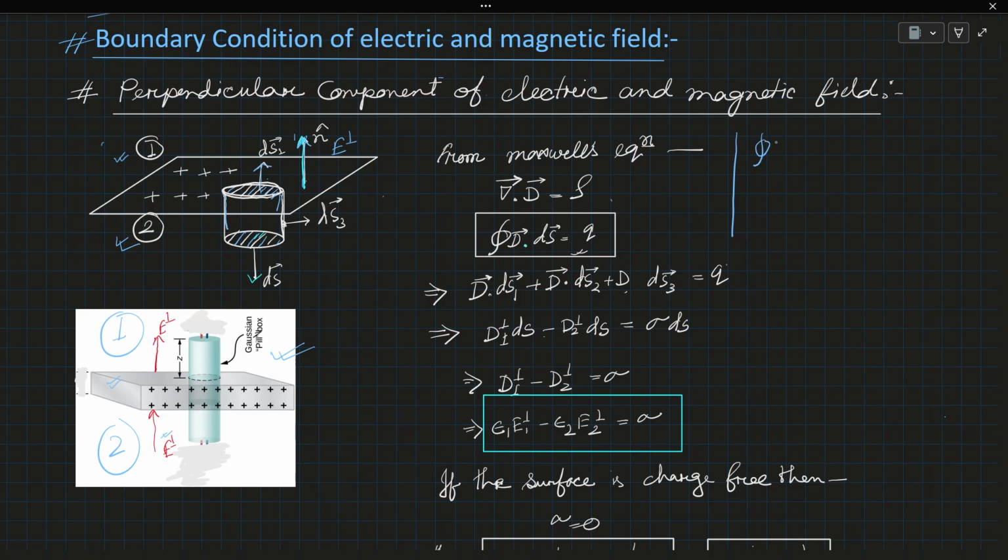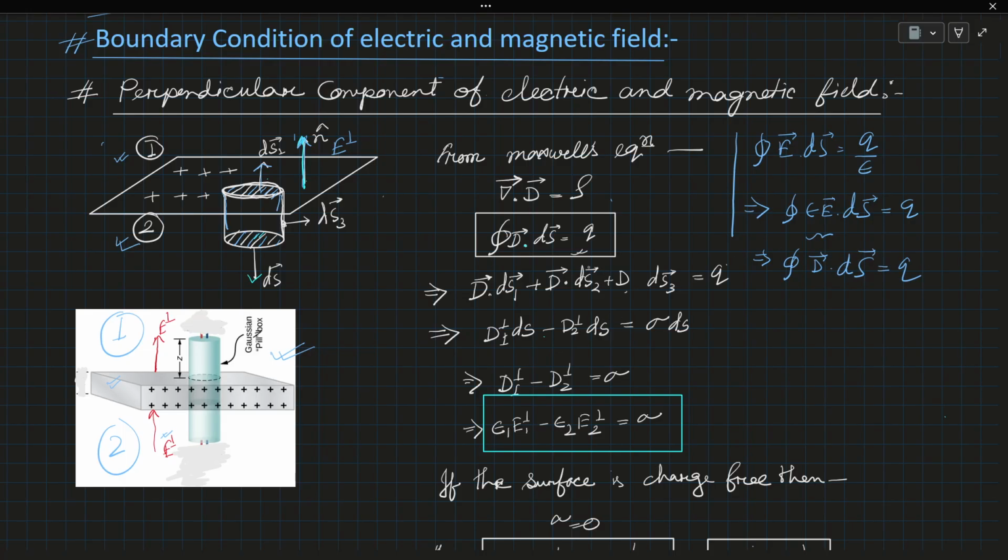As we know from Gauss law, the integral of E dot dS equals Q by epsilon. If I take this epsilon to the left, I can write epsilon E dot dS. Again, epsilon E is D, right? So the integral of D dot dS equals Q.